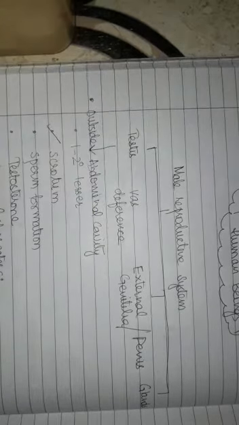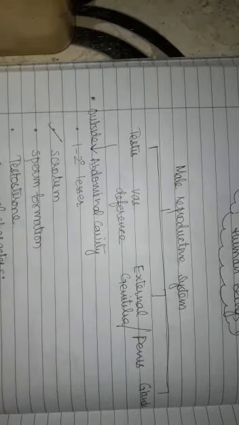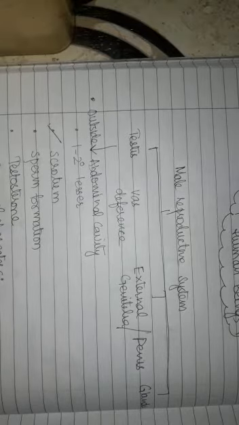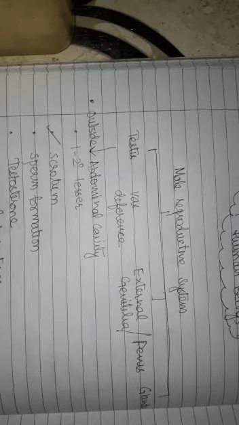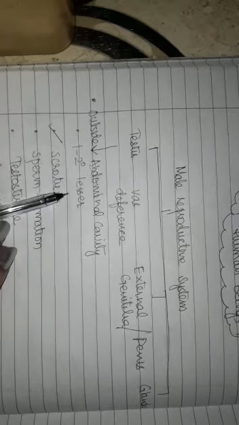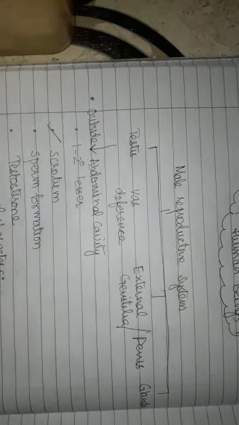What is the purpose of testes being located outside the abdominal cavity? It is to maintain a 1 to 2 degree lesser temperature than the remaining body, because this lower temperature is required for sperm formation.